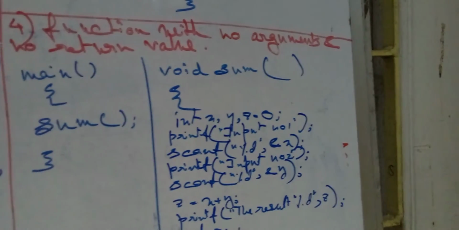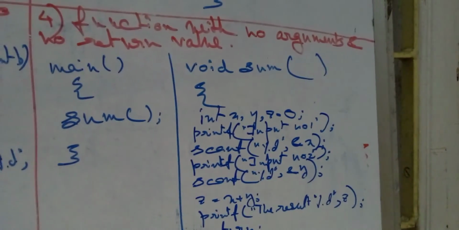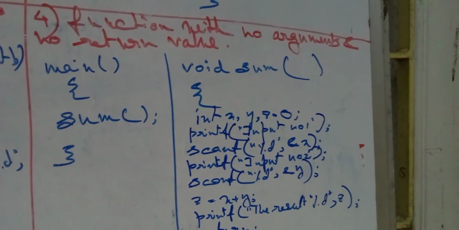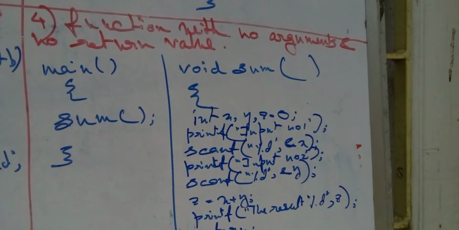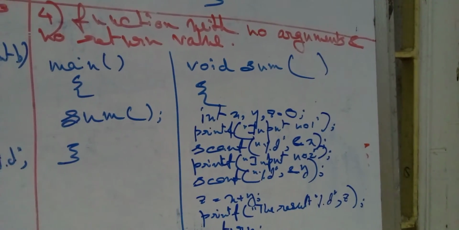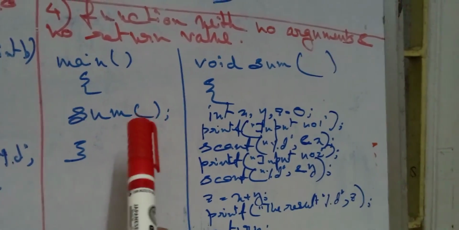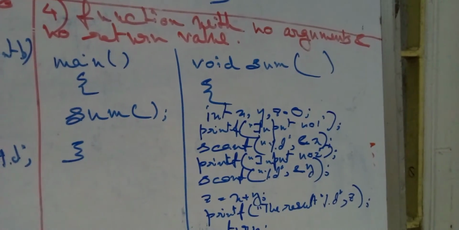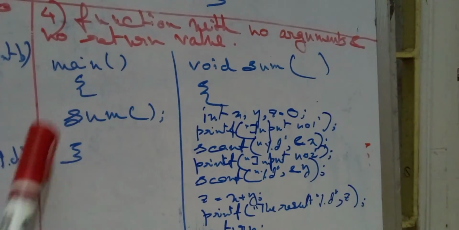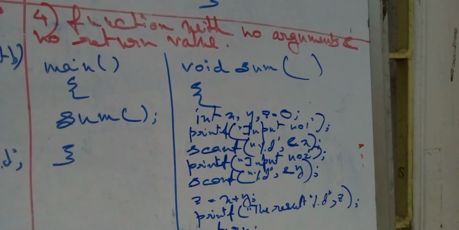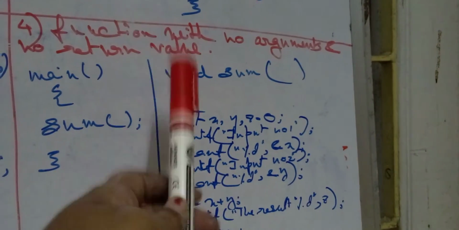Now the fourth type or another pattern is where there is no return type and there are no arguments, just a function sum, empty parenthesis. In the main, just one line. Now see the function is void.